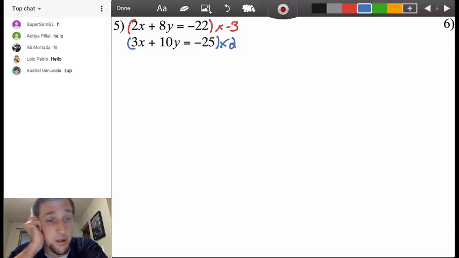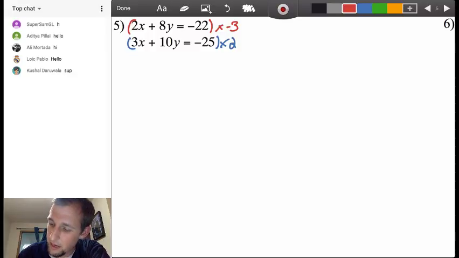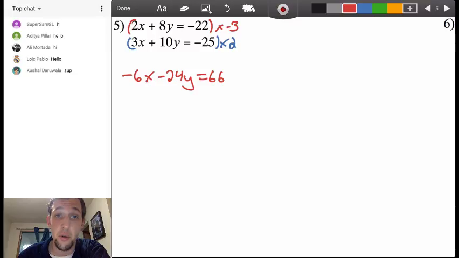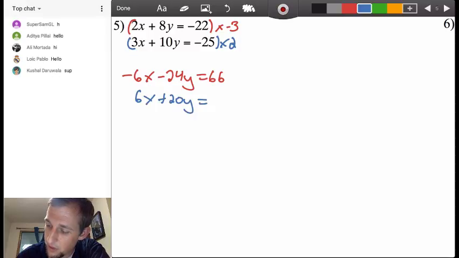Because what I'm trying to do is get a -6 and a 6 on my x's. So sure enough, I do that, I get -6x minus 24y equals +66. Distribute my 2, kind of same deal. I get 6x plus 20y equals -50.